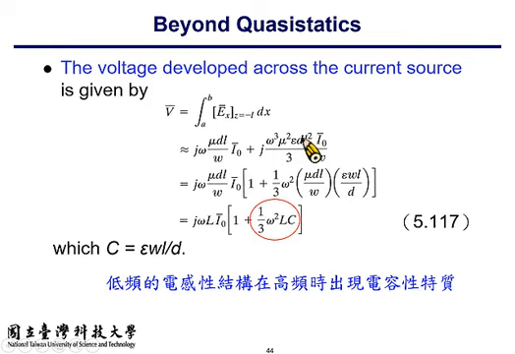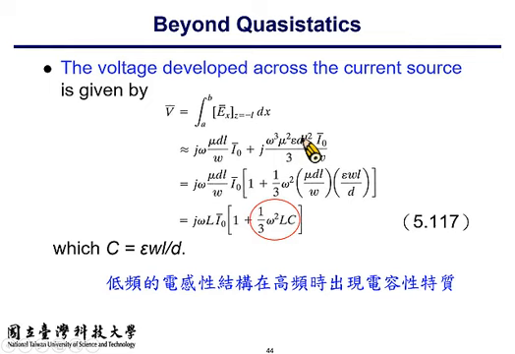So what is the implication of this result? It tells you that at a very low frequency, that is omega is small, or even at DC, if the test frequency is DC, the structure behaves like an inductor, right? Because if omega approaches 0, you don't have this term, you only have 1 over here. However, as the frequency goes up, omega becomes larger and larger.